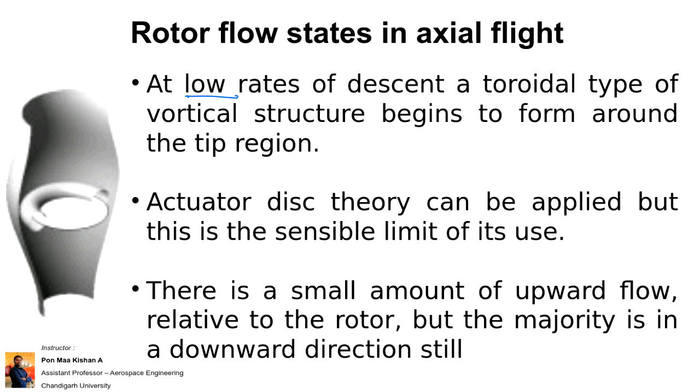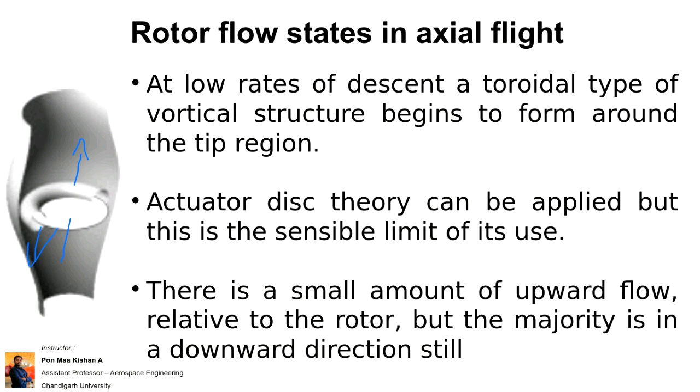Don't think that, as I told in the previous lecture, when speaking about overall descent the flow acts from down to up. For low rates, especially when changing from the climb or hover phase to descent, a small amount of flow will be upward, while the remaining will act downward.